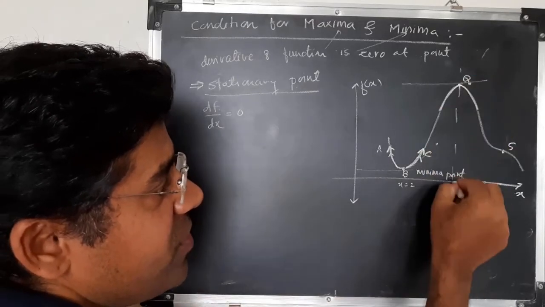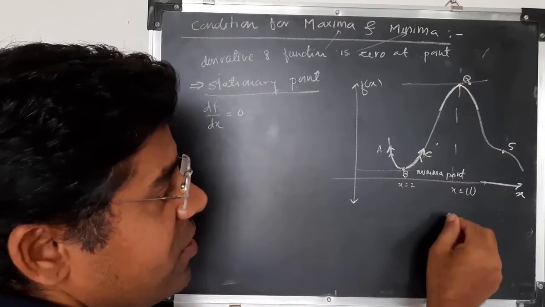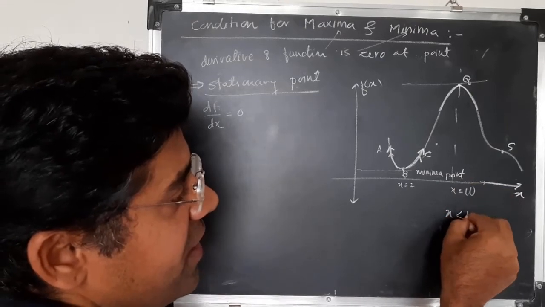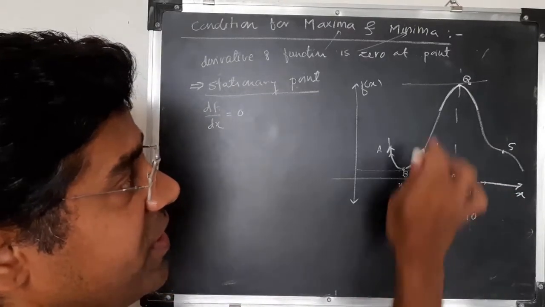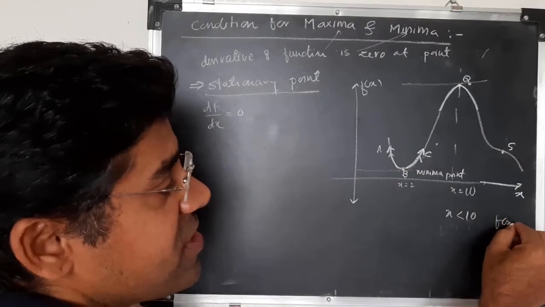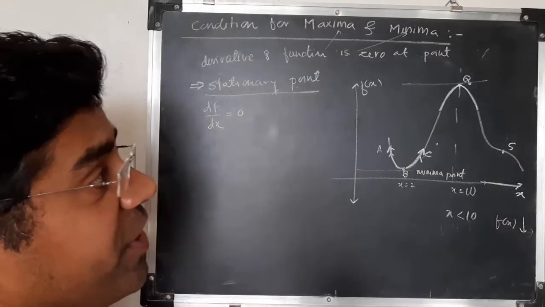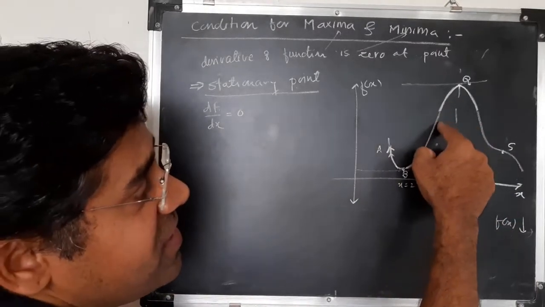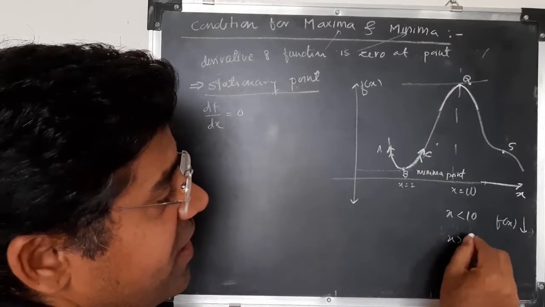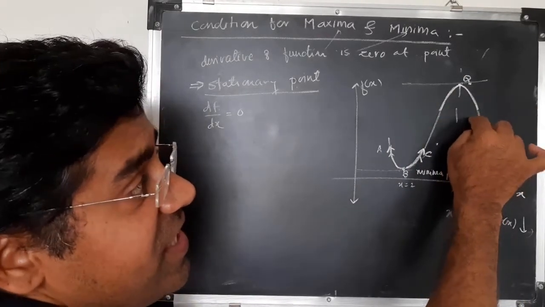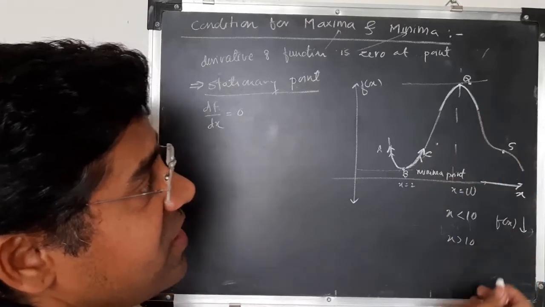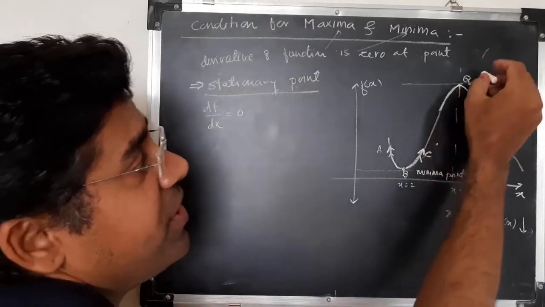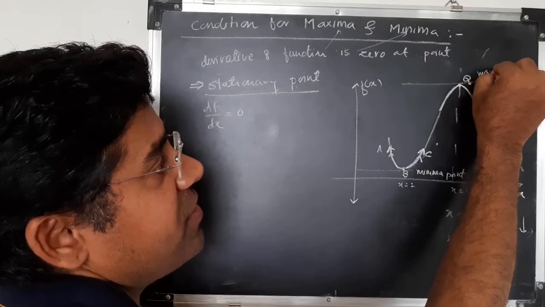Suppose this value is x equal to 10. If x is less than 10, the function decreases. I am talking about the function, not the derivative. If x is greater than 10, the function also decreases. The function decreasing in both directions means the given point is your maxima point.